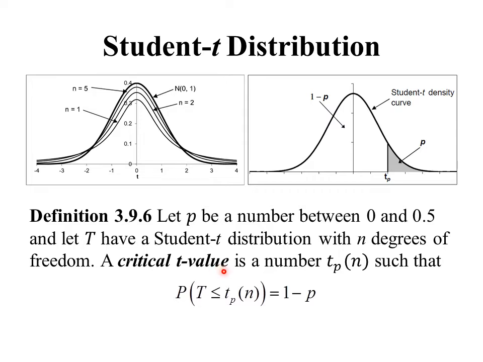A critical t value is a number denoted t sub p of n, such that the probability that T is less than that critical value is 1 minus p. And so this figure over here illustrates this idea. So what we have here is a student t density curve with n degrees of freedom. Here's our critical value. And so the area underneath the density curve to the left of the critical value is 1 minus p, or equivalently the area to the right is p.